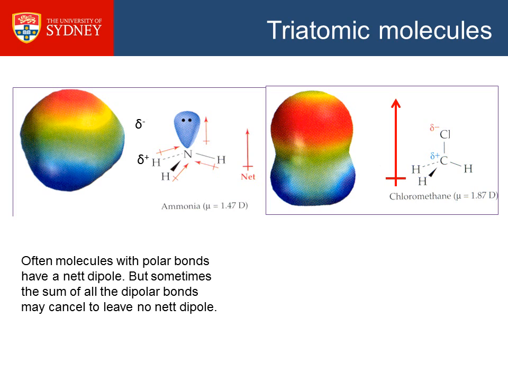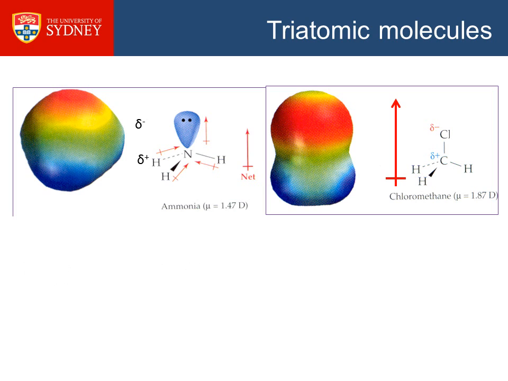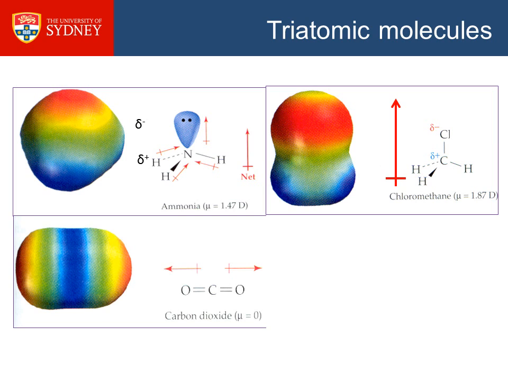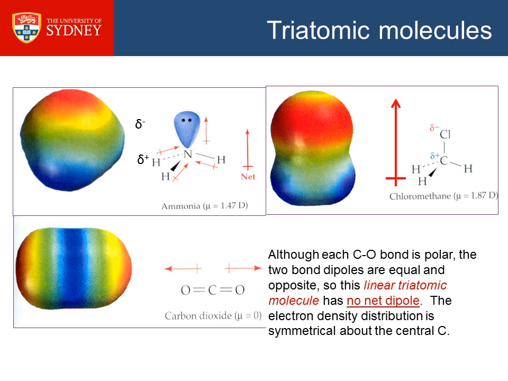So mostly, molecules containing polar bonds have a net dipole, but sometimes the sum of all the bond dipoles cancels out. This is the case, for example, of carbon dioxide. Although each carbon-oxygen bond is polar, the two bond dipoles are equal and pointing in opposite directions, and so this molecule has no net dipole.